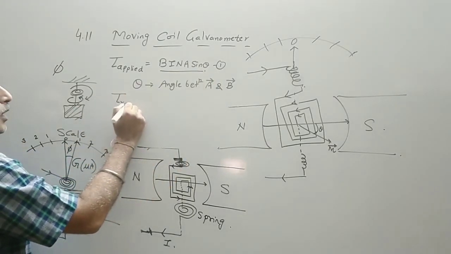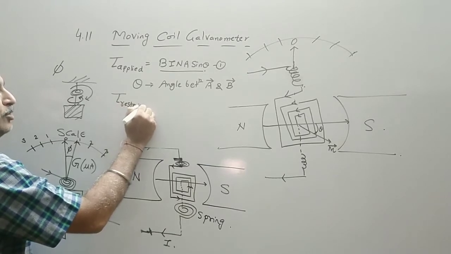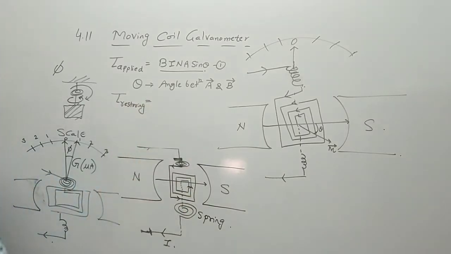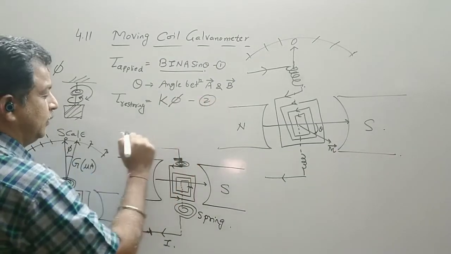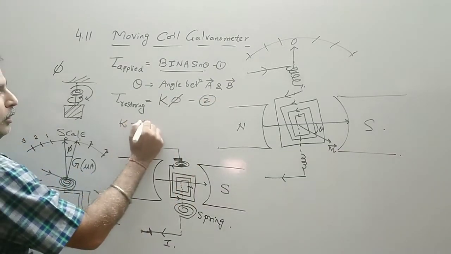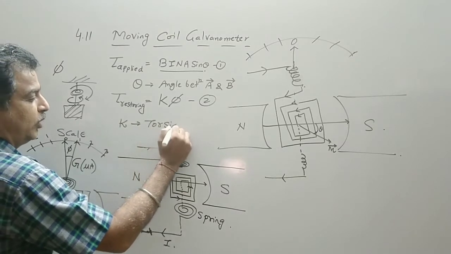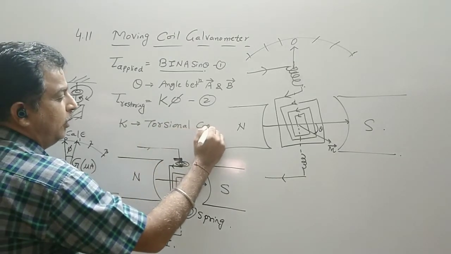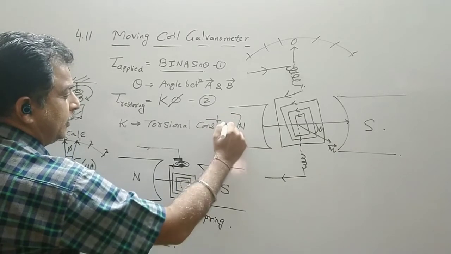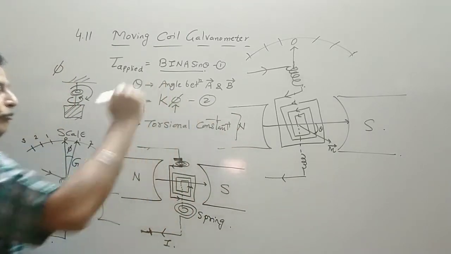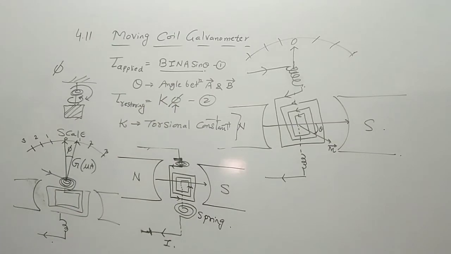Then we call it a restoring torque, like we have a restoring force. Its magnitude we write as K into phi, where K is called the torsional constant. And this is the angle of twist.